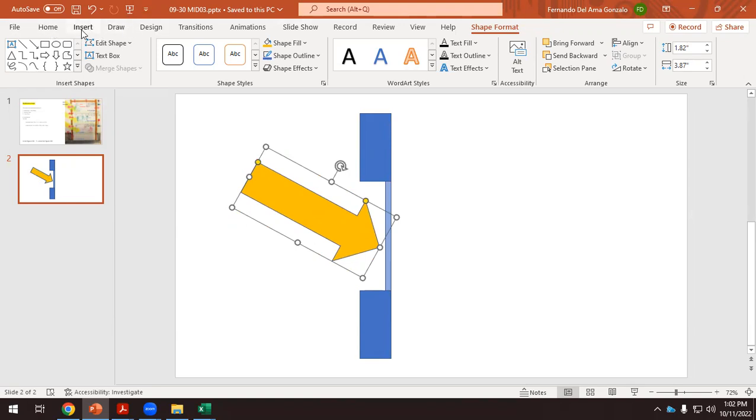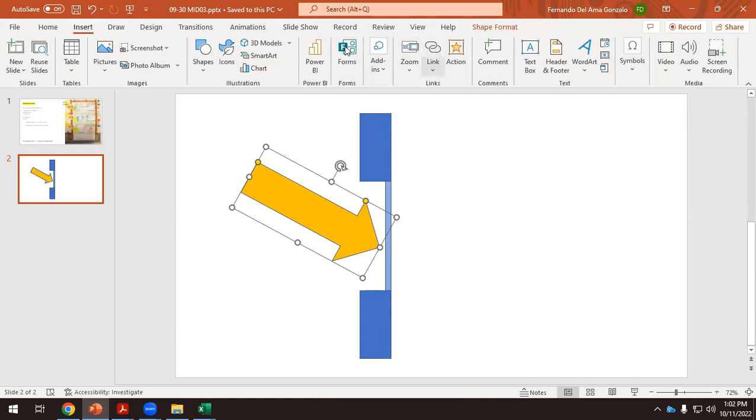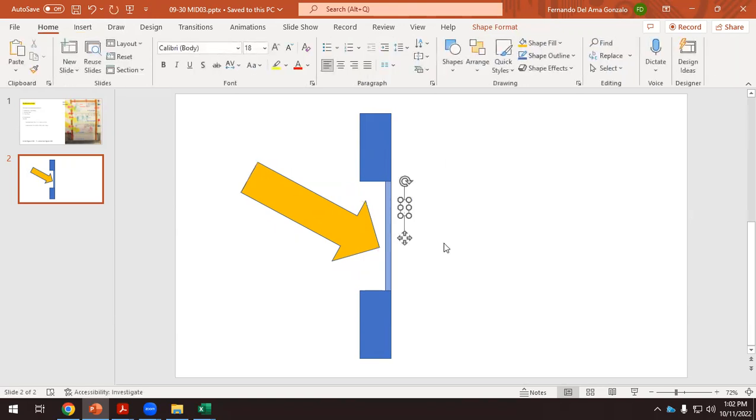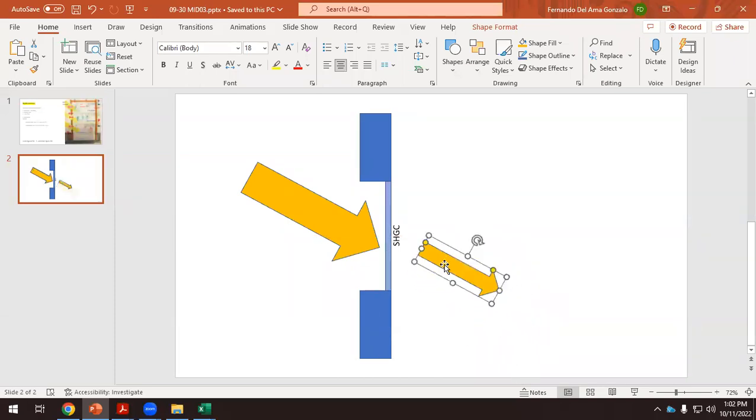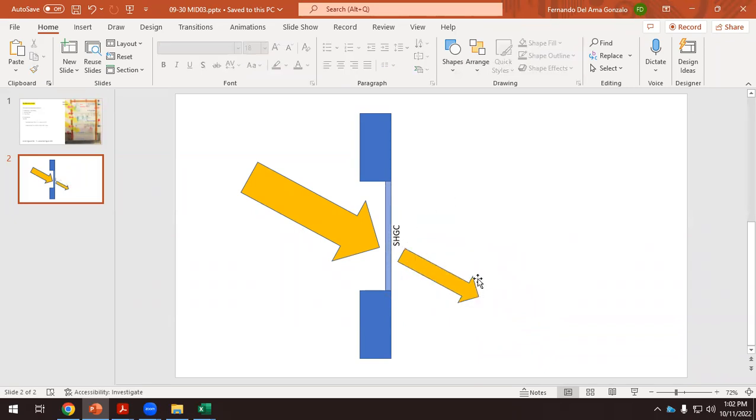Then we have a solar heat gain coefficient in this window. The solar heat gain coefficient is like a shield that blocks part of this solar radiation. So the energy that we actually have inside our building is less. If the solar heat gain coefficient is very high, this arrow inside is almost as big as this one.